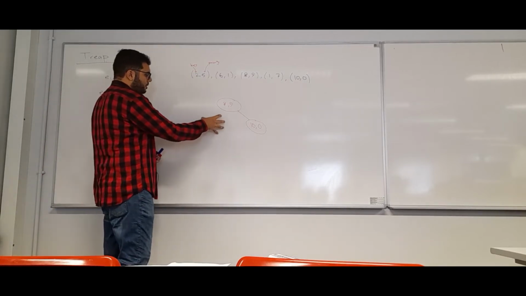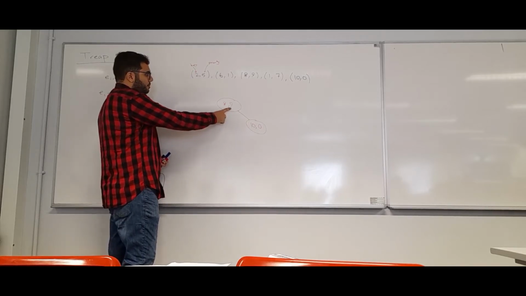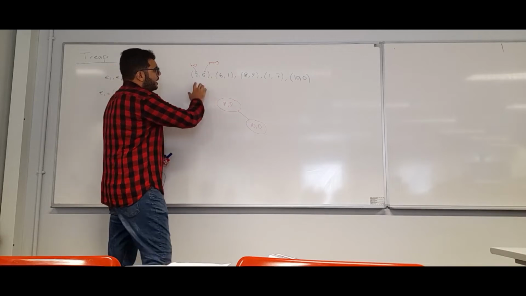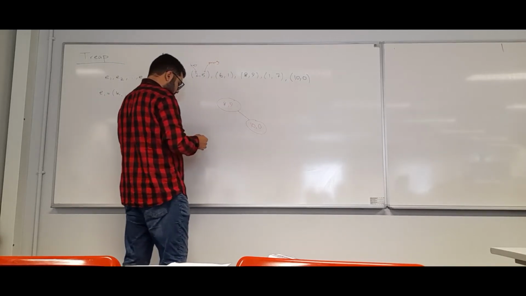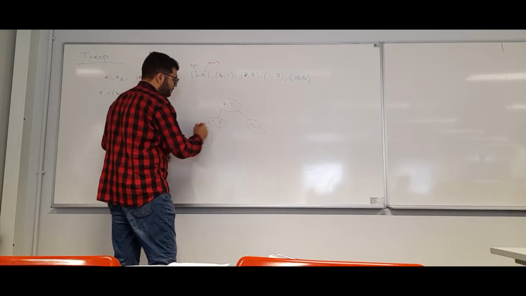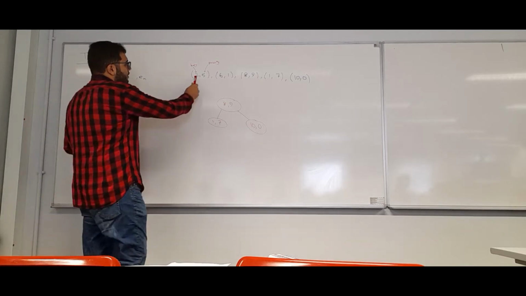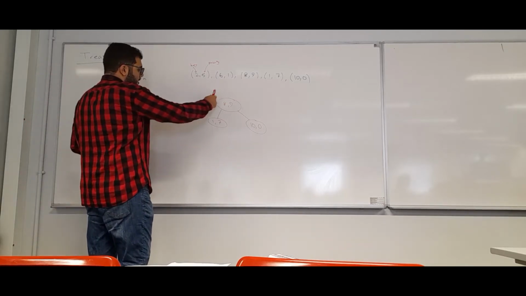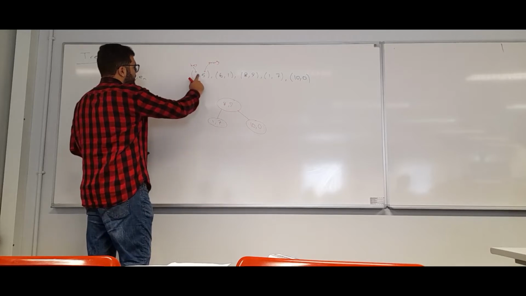So who's going to be the root of this subtree? The element that has the largest possible priority. So among all of these elements, this one has the largest priority, so it becomes root. Right? And now I have (2, 5) and (6, 1). But again, I have to look at, let me change this one.